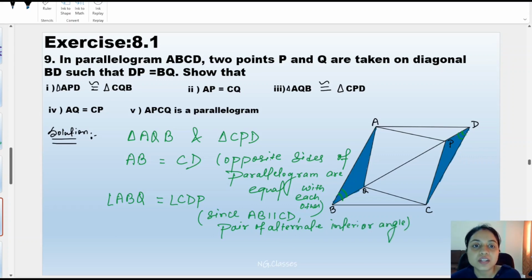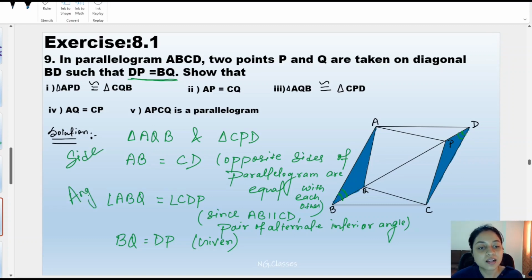And it is also given in the question that DP is equal to BQ. That means side BQ is equal to side DP. So we can write it here. BQ is equal to DP. That is already given in the question. And hence we got the sequence of side, included angle, and then side. And hence we can say that triangle AQB must be congruent with triangle CPD by side angle side congruence rule.